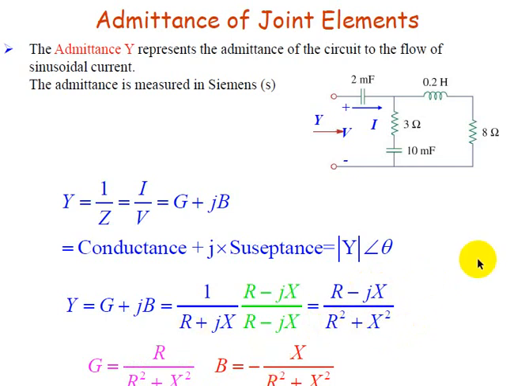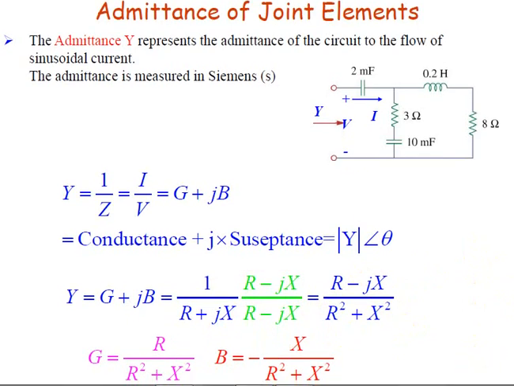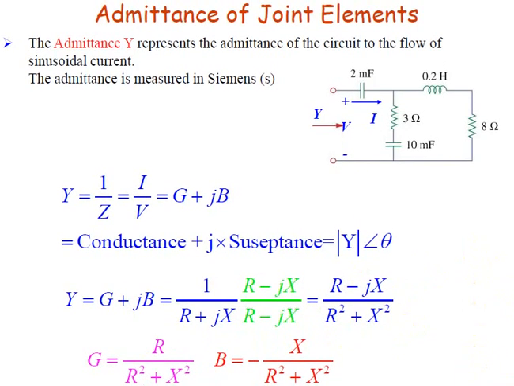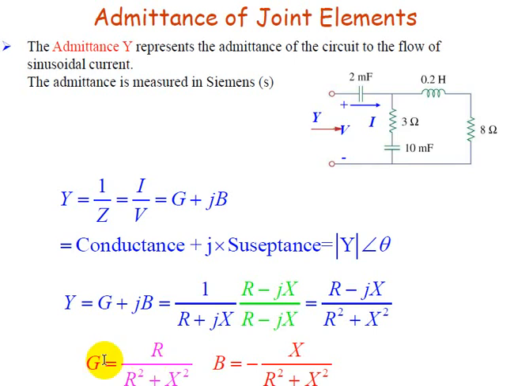One is R divided by R square plus X square, which is the real term, and minus j times X divided by R square plus X square.